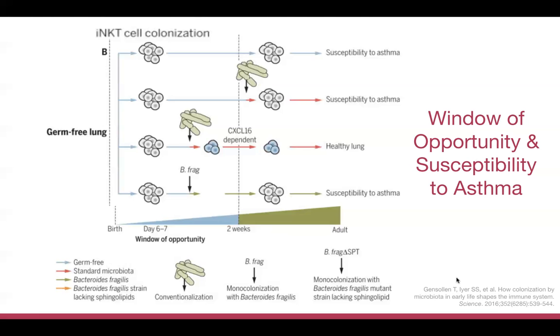That's exposure to one particular species of bacteria, in this instance, Bacteroides fragilis, during the window of opportunity. Unfortunately, these animals went on to develop susceptibility to asthma, suggesting that monocolonization with a single species is not sufficient to prevent susceptibility to asthma. Next slide, please.